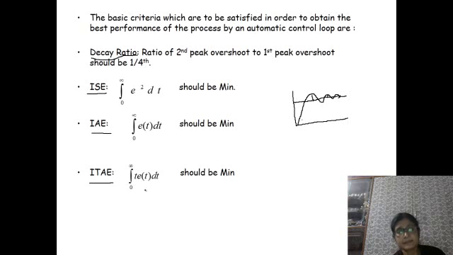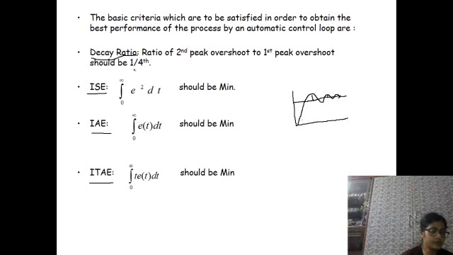So all these parameters should be satisfied for controller tuning, and the most measurable feature is decay ratio. Since a number of oscillations occur before reaching the steady state, the decay ratio should be within 1/4.